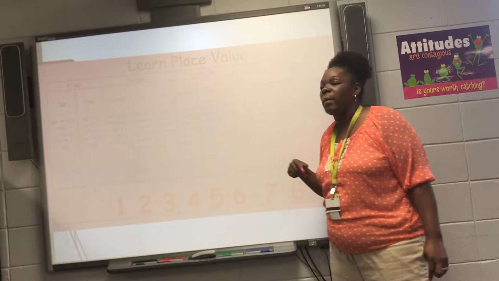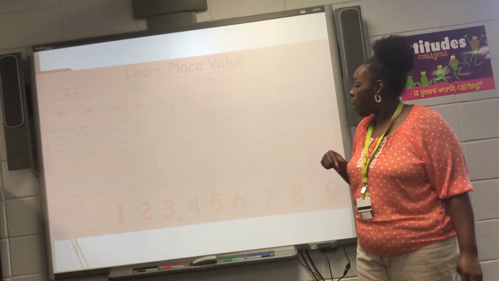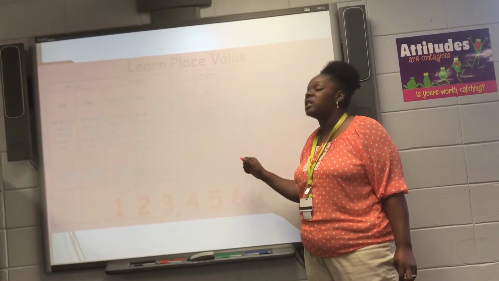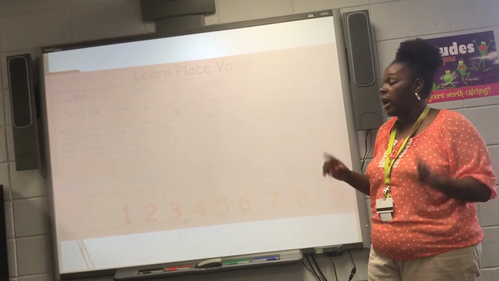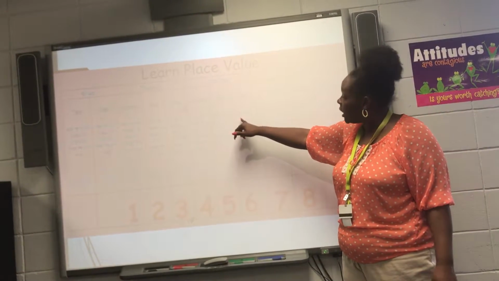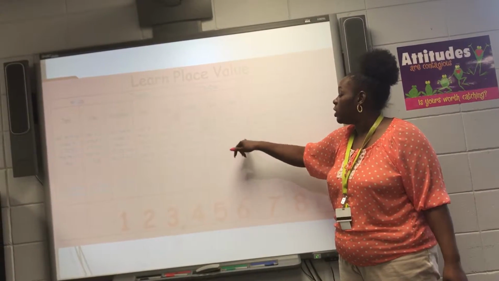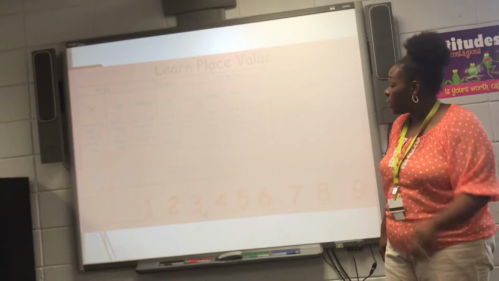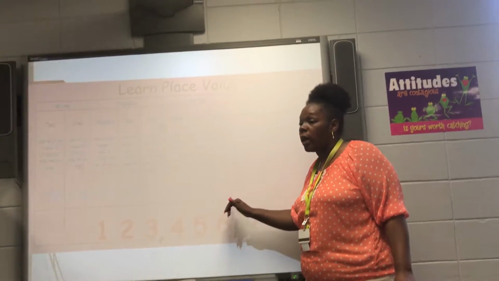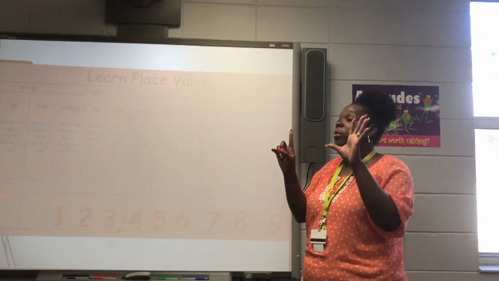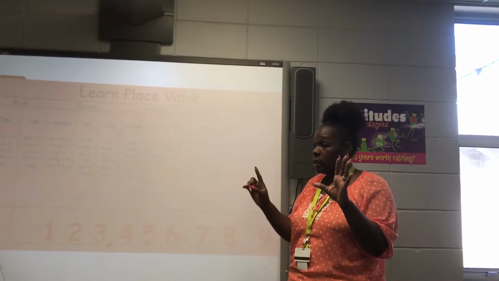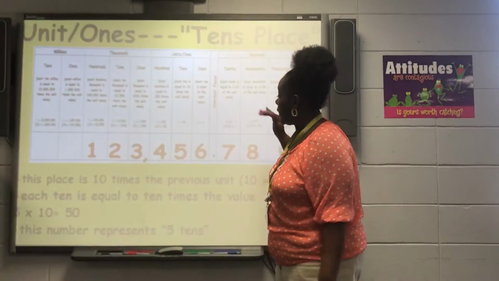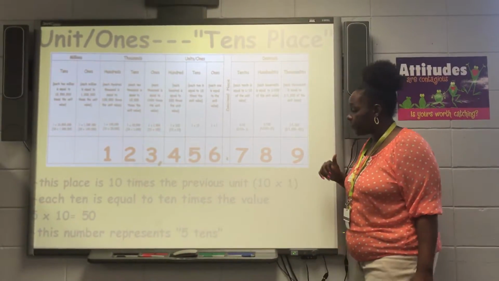The 6. So the 6 is only worth 6, okay? Because it tells us that each one is equal to the unit value, and here our unit value is 1. So if we say 6 times 1, that makes the 6 only be worth 6 ones. Okay? So let's go to our next slide to get a little more in depth.